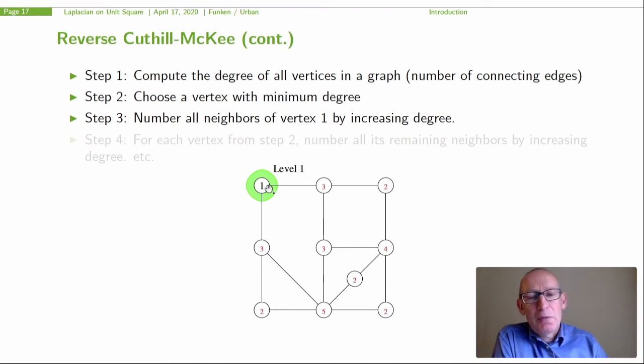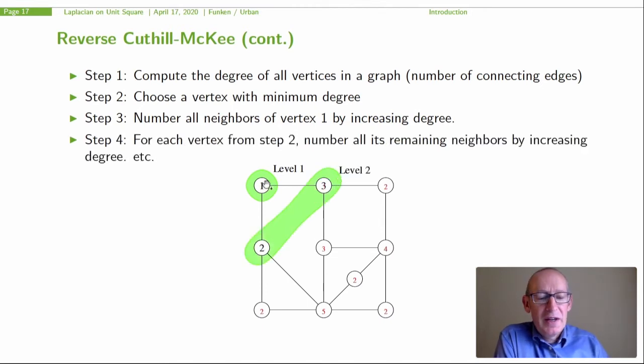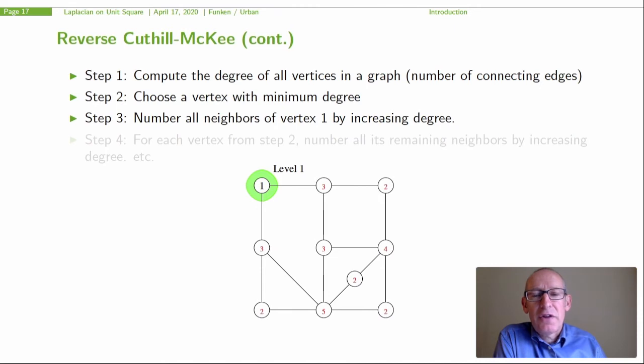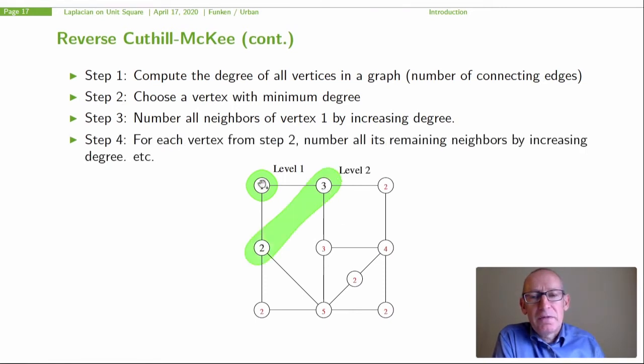Now we take the neighbors, all the nodes which are connected to this node, which will be the second and third pivot element. Both have the same minimal degree. Let's say we start here, and then this is number 3. So node number 1, node number 2, number 3.